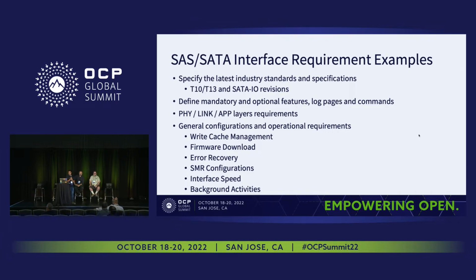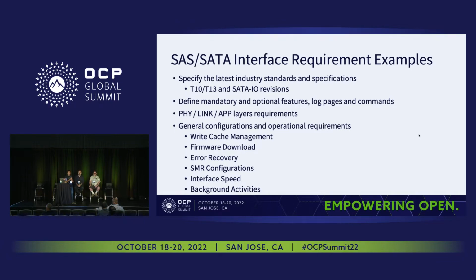In this slide, I will go into a little more detail about what is in the interface requirements. As I mentioned, we specify the revisions for the industry standards. Specifically here, we're mostly referring to SCSI and ATA command sets, standardized by T10 and T13, and also Serial ATA requirements from SATA-IO.